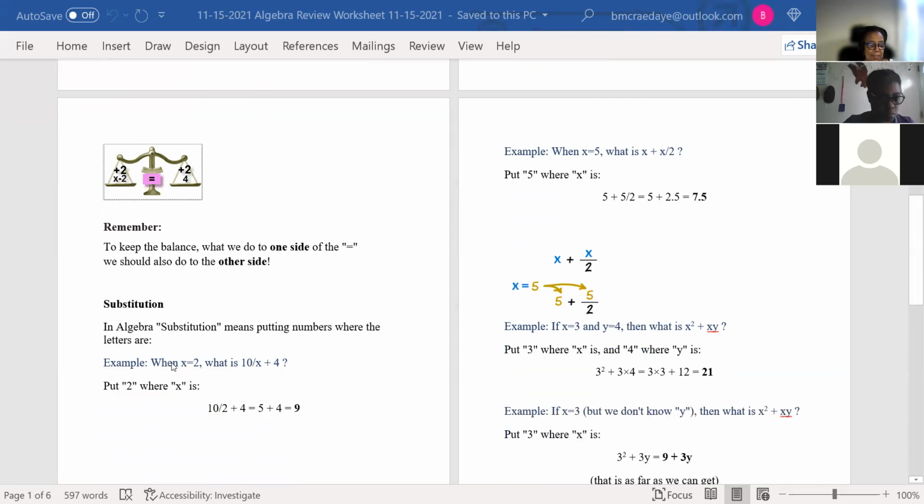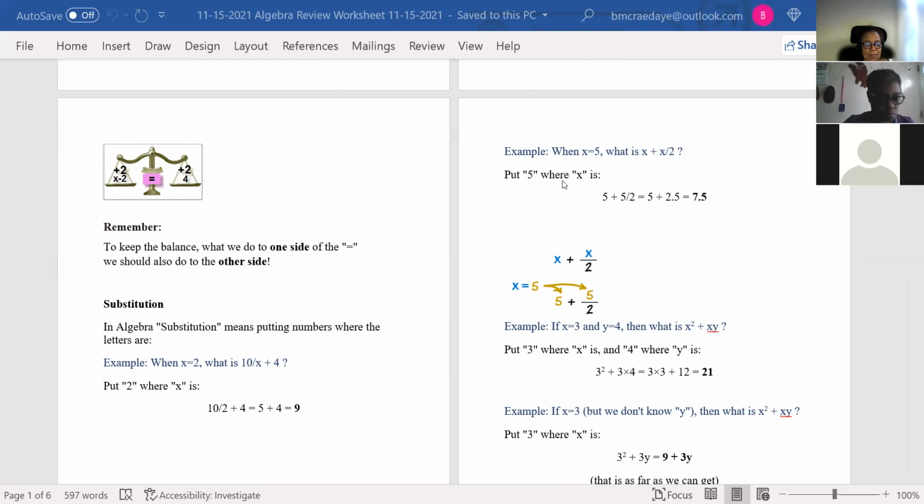So when x is 2, what is 10 over x plus 4? So you take 10 divided by 2, because now you're substituting 2 for x. 10 over 2 is what? 5. And then 5 plus 4 is 9. Okay? So that's substitution. So we put over here, when x is 5, what is x plus x over 2?